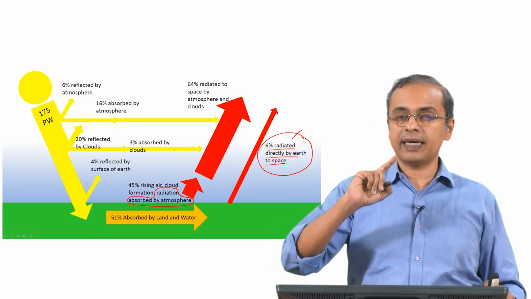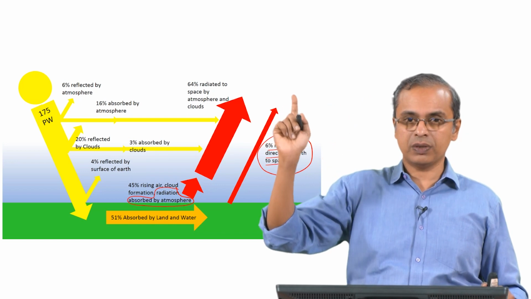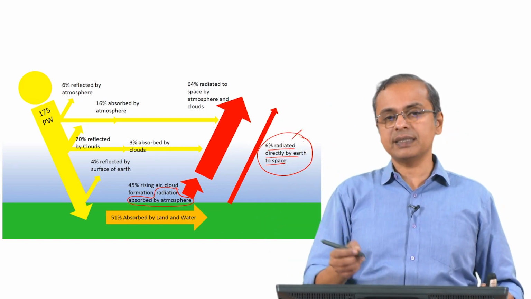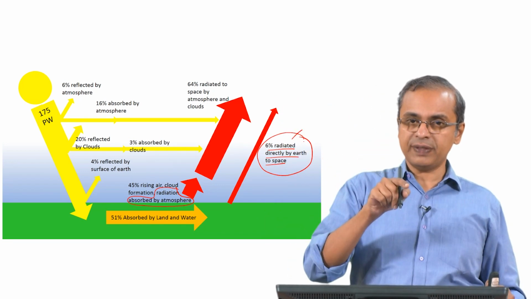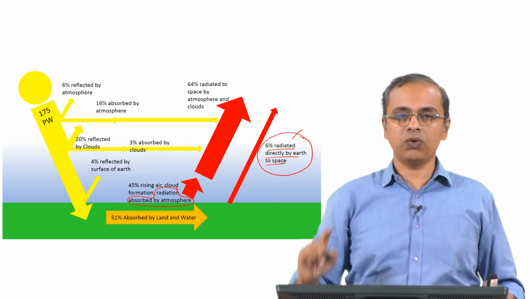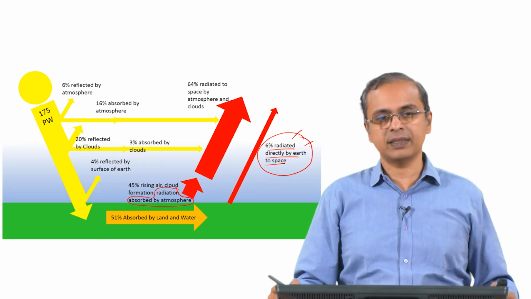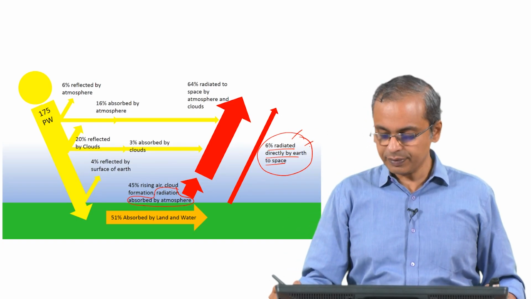It is not getting absorbed by the atmosphere. But some of the radiation is first getting out of the land, getting into the atmosphere, getting absorbed by the atmosphere, and then being radiated out again by the atmosphere. So, it is a two stage process, whereas what is happening here is a single stage process, it just goes straight out.